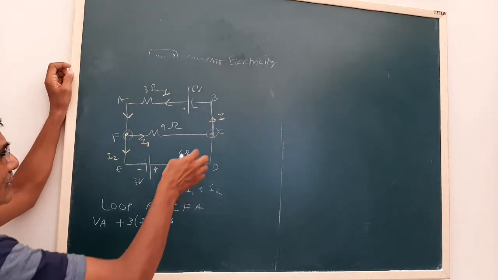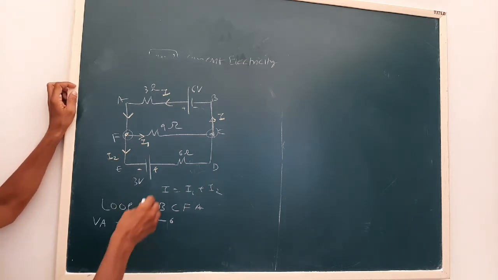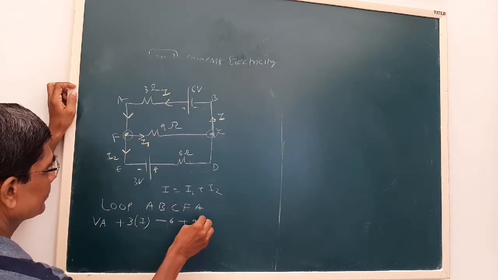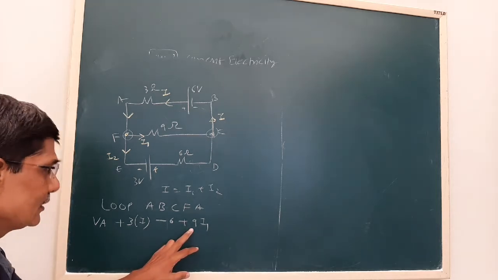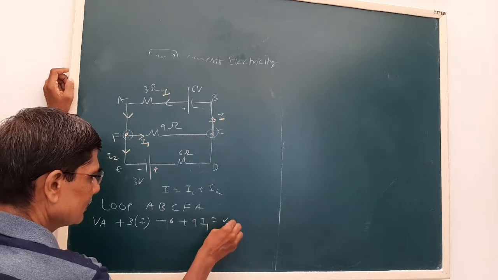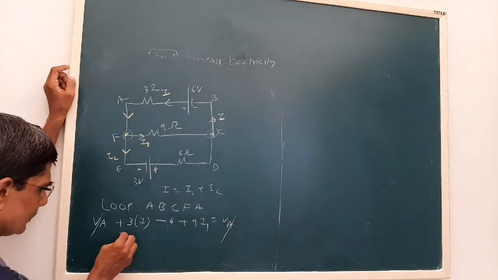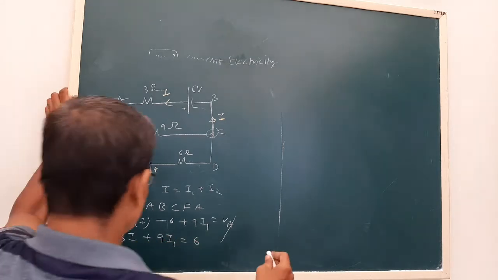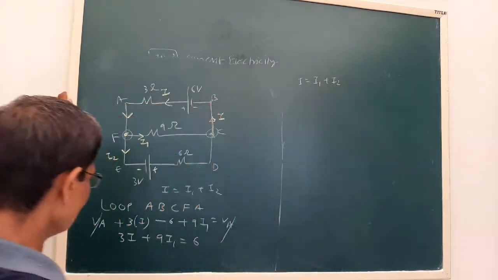Now we move from C to F. That is in the opposite direction of the current, so that will be plus 9 I1. When we move in the opposite direction of the current, there will be an increase in the potential. Up to here F, and F to A, we come back to the same point. So our equation pans out as 3I plus 9I1 is equal to 6. Now I is equal to I1 plus I2, that we have to use.